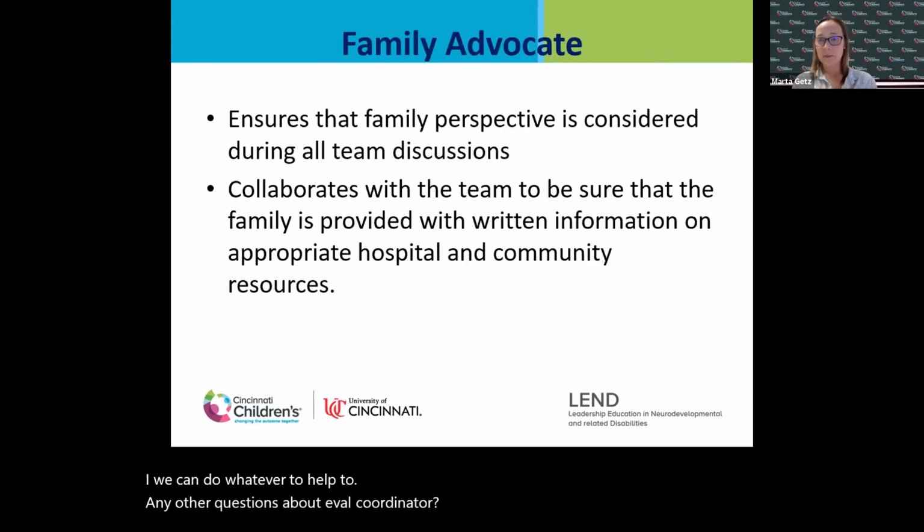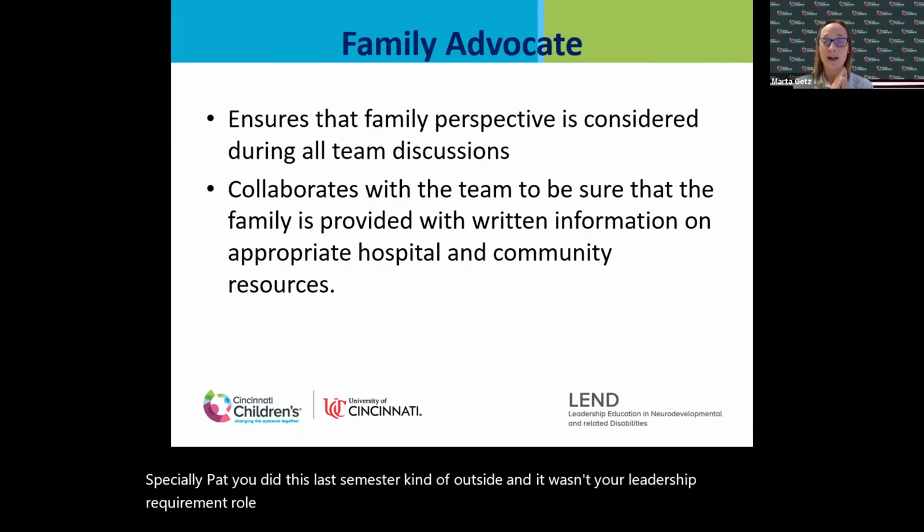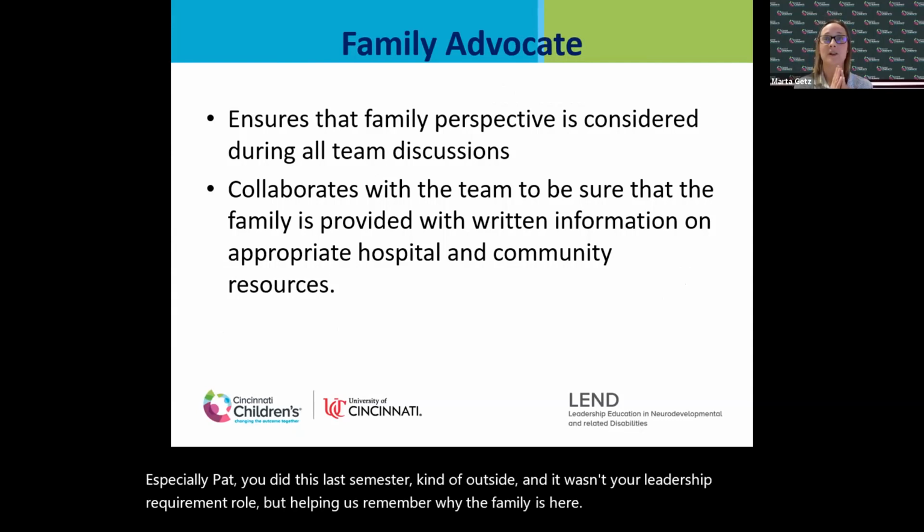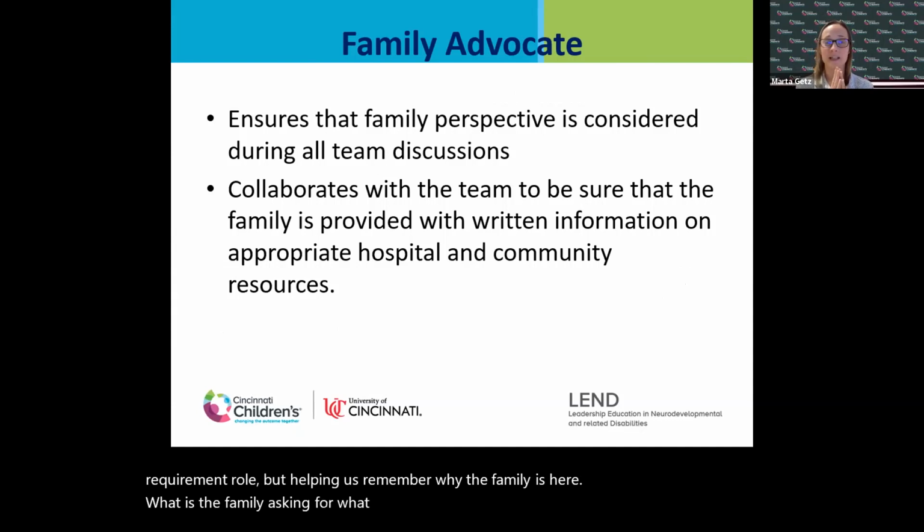Family, so Christy and Pat this round. Especially Pat, you did this last semester kind of outside, and it wasn't your leadership requirement role, but helping us remember why the family is here. What is the family asking for? What was the family's goal? As you saw, we get into our evals and go down our pigeonhole pathways.